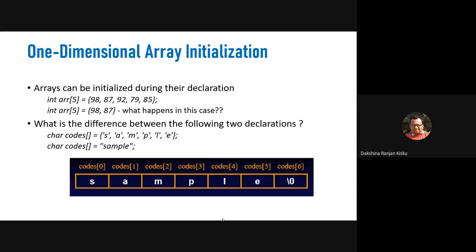Now, can you tell the difference between the following two declarations for characters? Here we have the array codes, and we have made the initialization for individual characters as well as for the string of characters within double quotes.